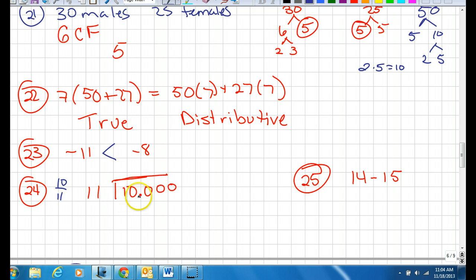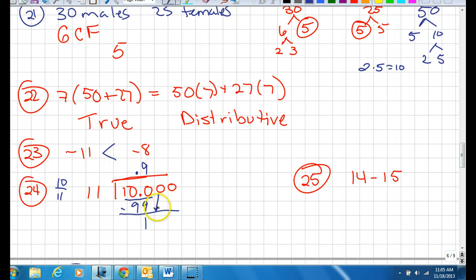So I'm going to take 10 divided by 11. But 11 does not go into 10, we know that. So I'm going to put a decimal here and use 100 instead to start with. So 11 goes into 100 how many times? 9. 9 times 11 is 99. If I subtract that, I have 1 left over.